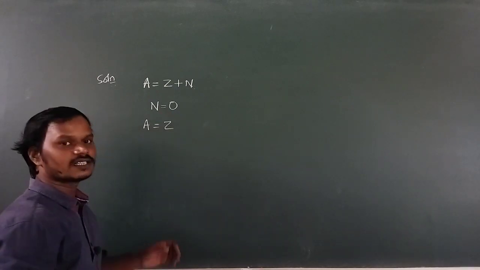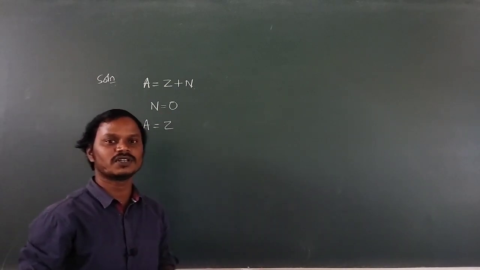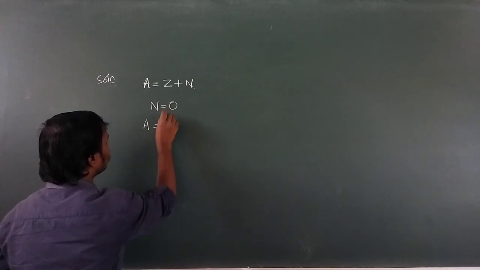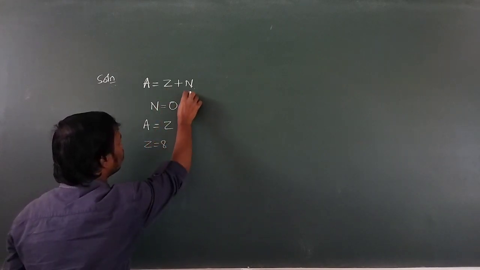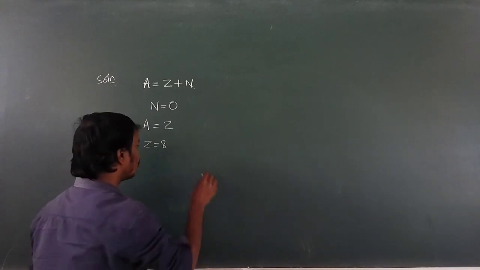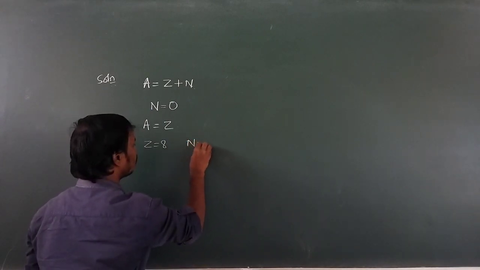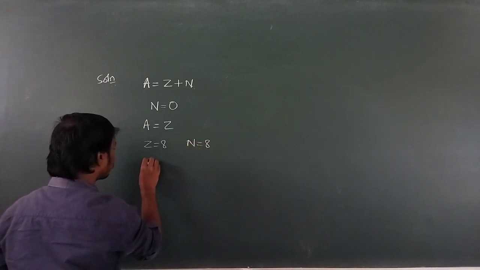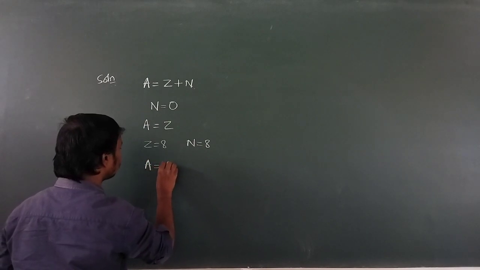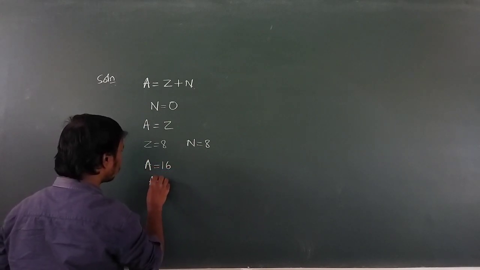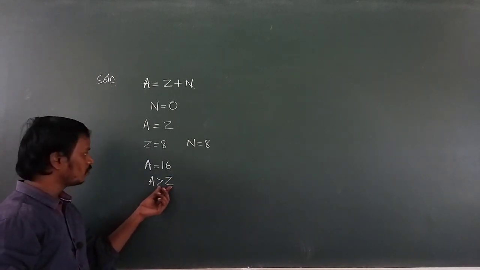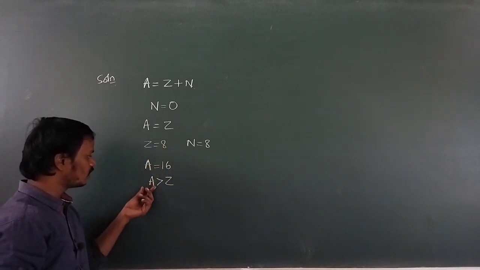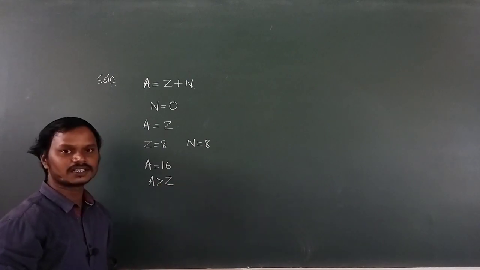In the case of oxygen, the number of protons is 8 and the number of neutrons is again 8, so the mass number becomes 16. Hence, the mass number is greater than the atomic number, because the mass number is 16 but the atomic number is 8.